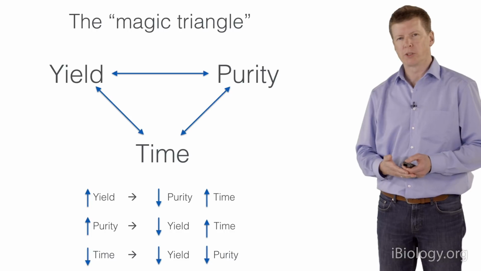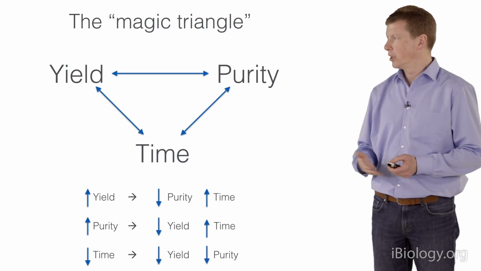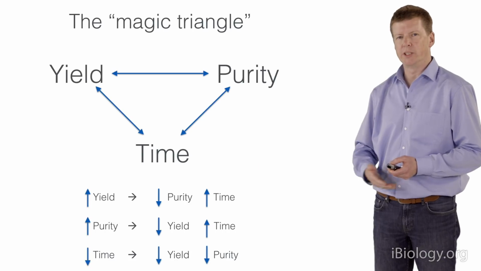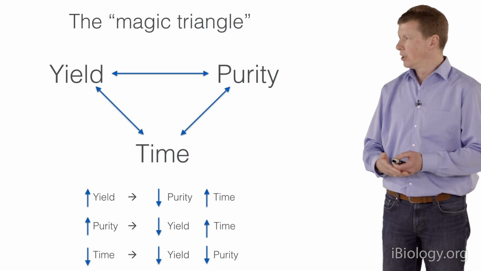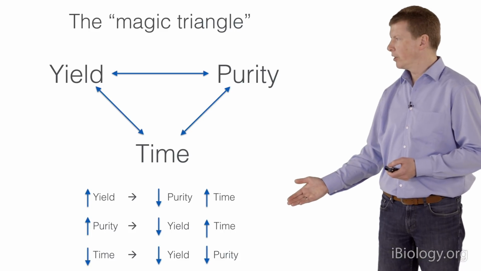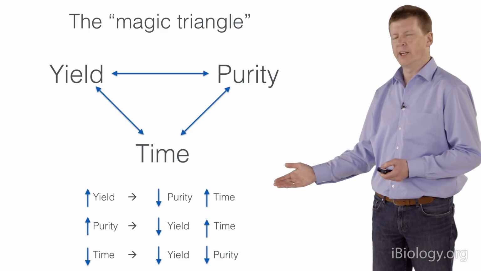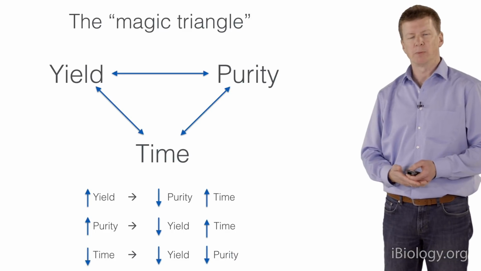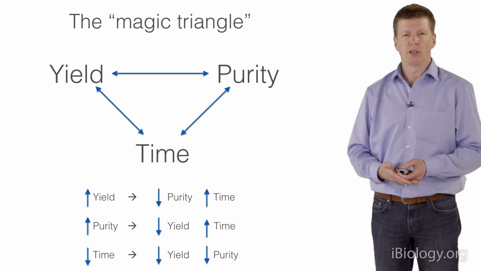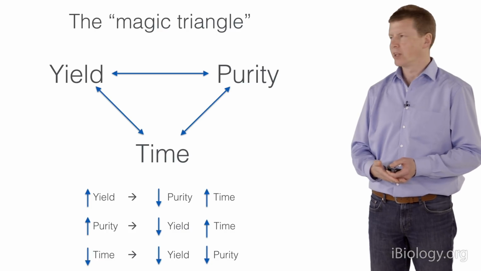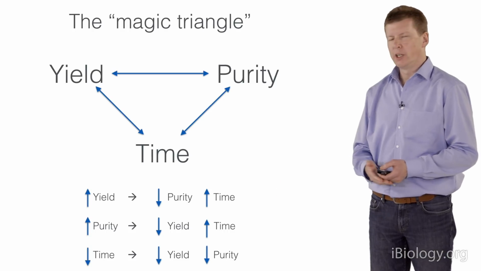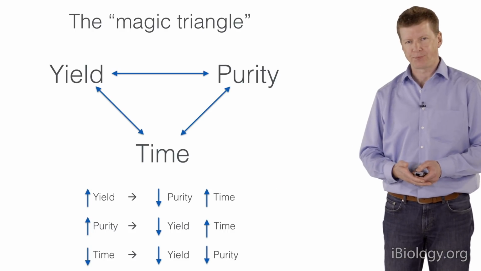If you focus on your yield, then you have to sacrifice your purity or increase the time. In the same way, if purity is an issue, then either your yield goes down or, again, time matters. And in our example, if you have less time, then you have to live with a lower output and also less purity.